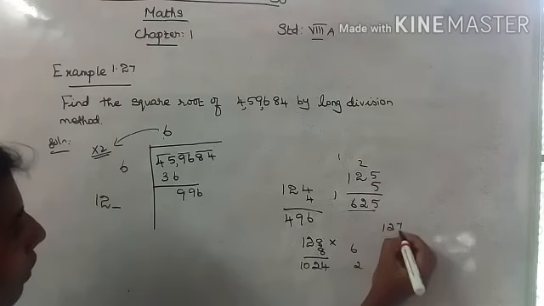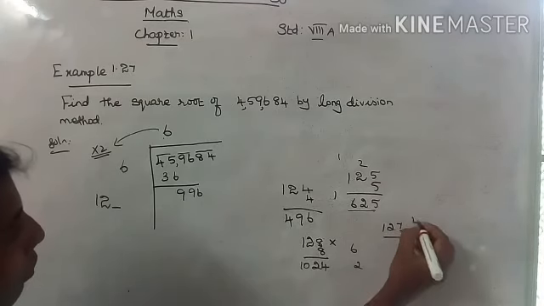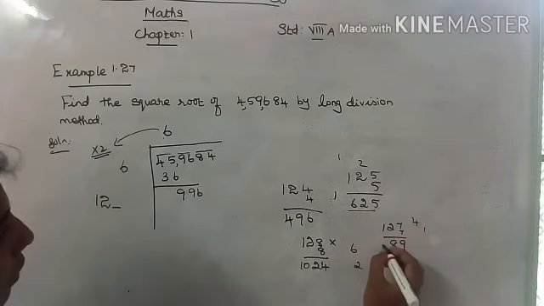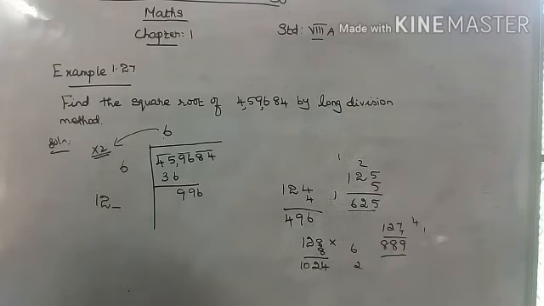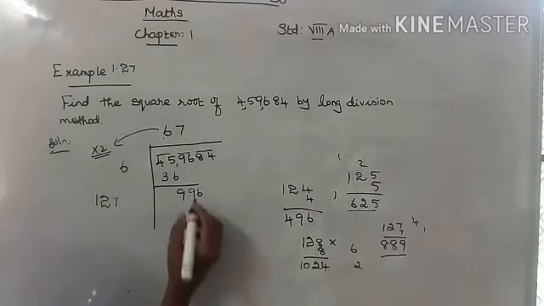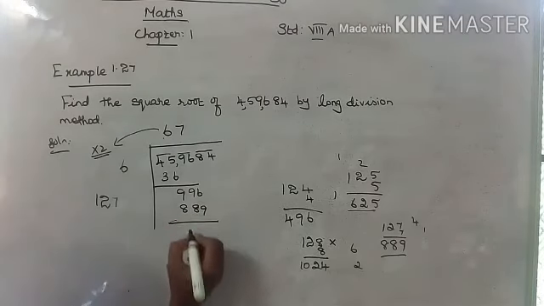So 127 7s are 49, 4 balance, 7 2s are 14 plus 1, 1 7 is 7, 7 plus 1 is 8. 889. So you take the new divisor is 7. Okay, so 127 7s are 889.